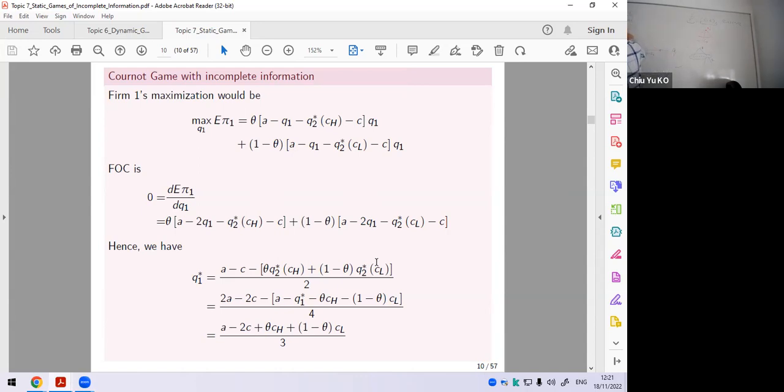Let me draw it here. This is A minus C over 2. And this is where Q1 is 0.